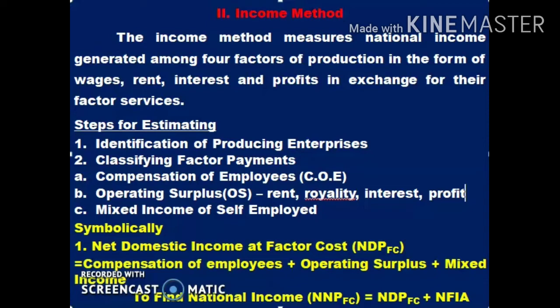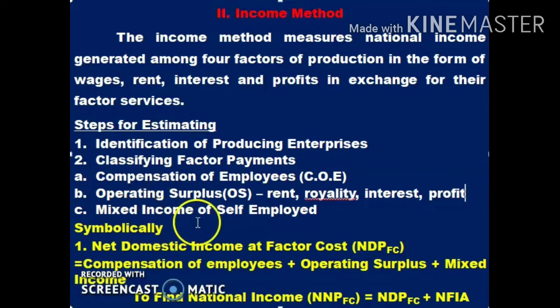As I told you, this is the income method. In the determination of national income chapter we studied C plus S, so we will include the savings also if we have them.